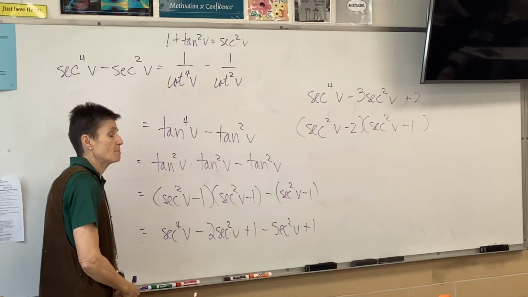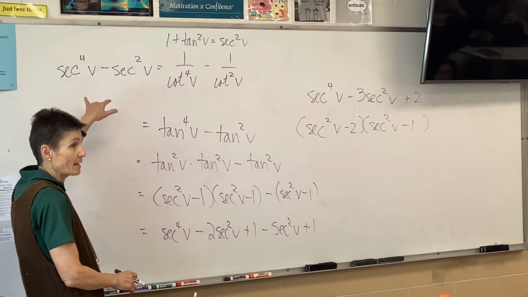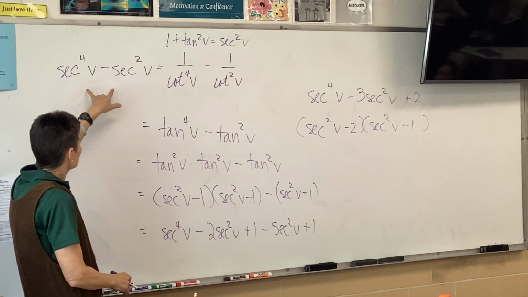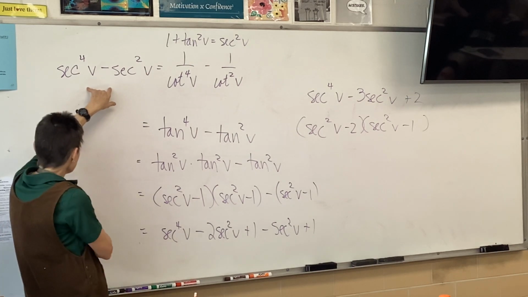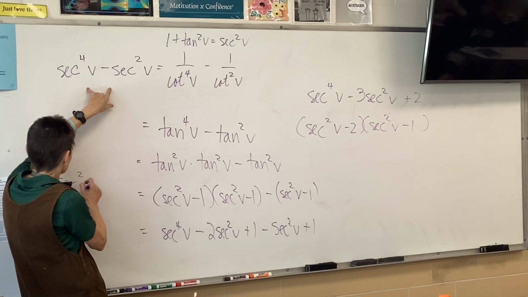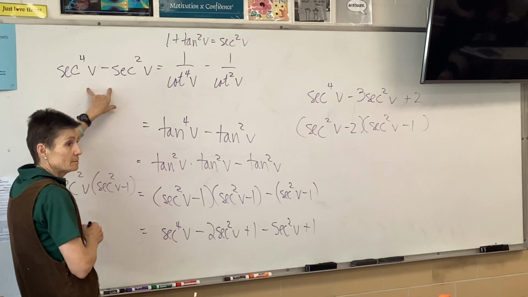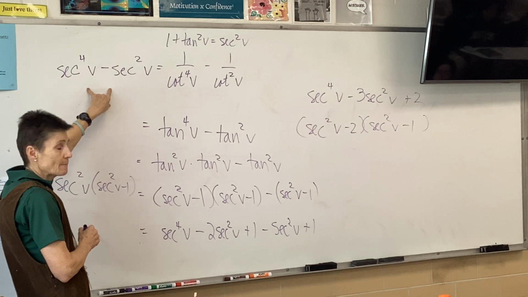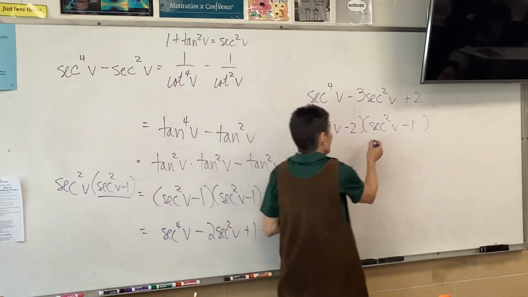Now, I know you're not supposed to change the side, and we're not going to change it, but I want you to think about this side over here for a minute. Can you factor that side? Yeah. And if you did factor it, wouldn't it look like this? And this is common to what we wanted, right?